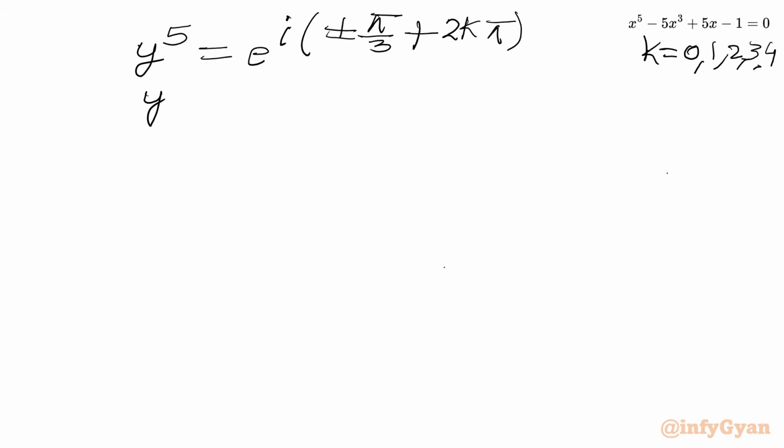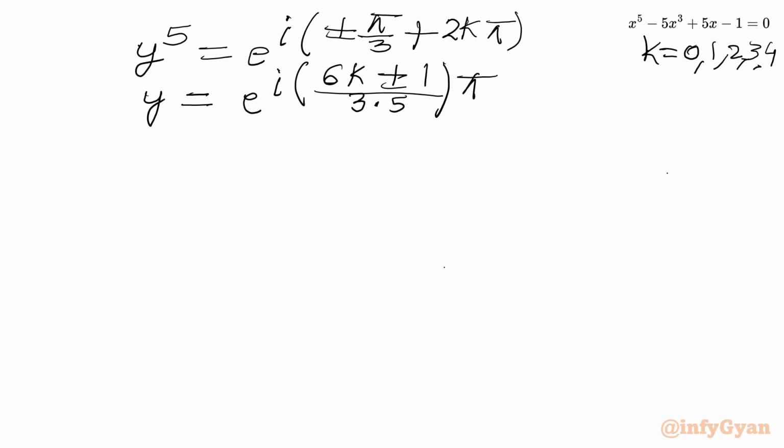So I can write here y equal to e to the power i. Now we will take the LCM over here. So we can write (6k plus minus 1) over 3, and that to the power 5 would be here, times pi.